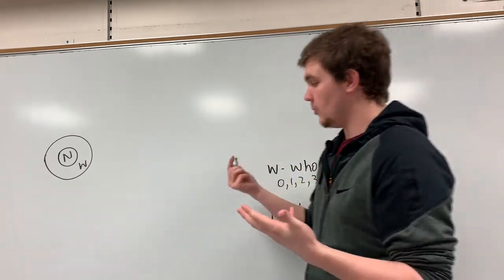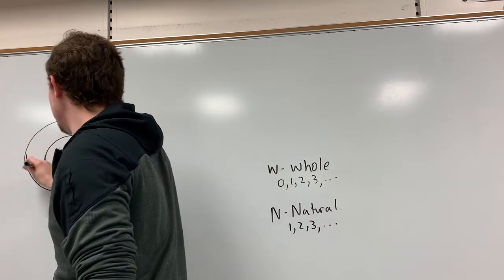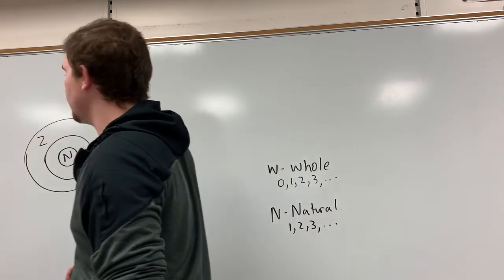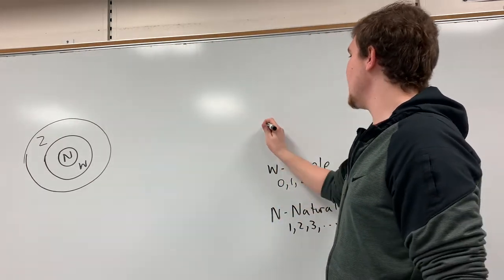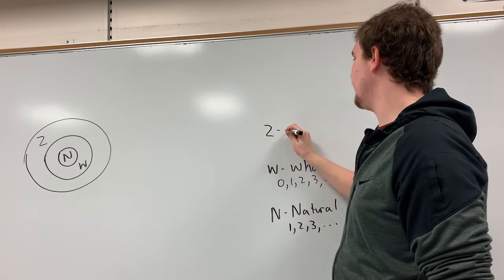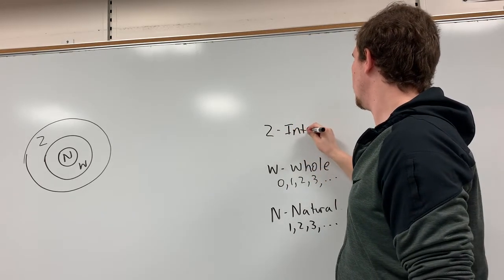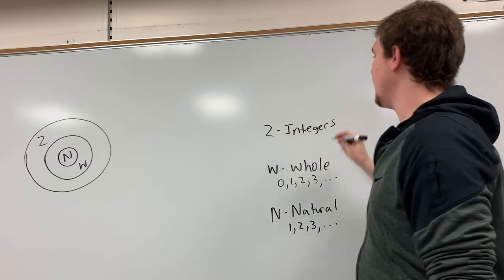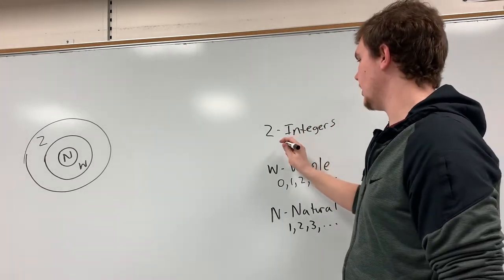Beyond the whole numbers, we then have the set of integers, and this is probably the one that we're all most familiar with. I'm going to use a Z for the set of integers. Integers really don't have any starting point.